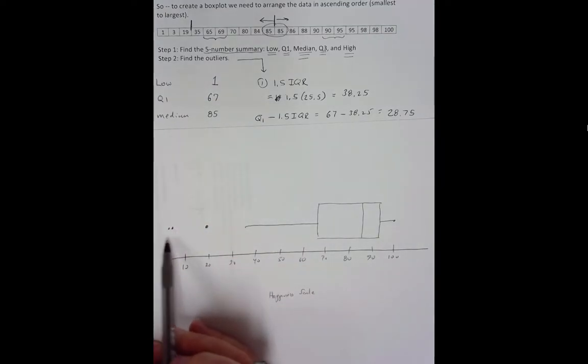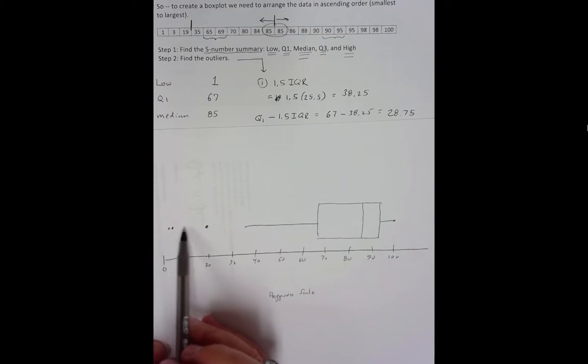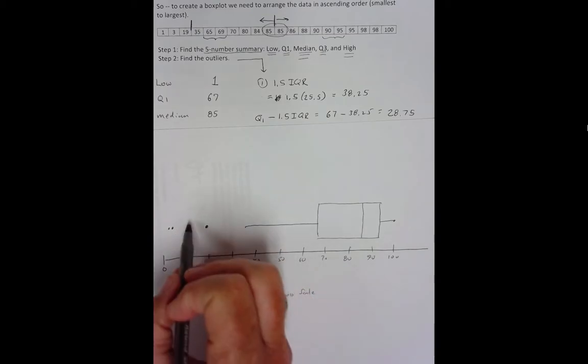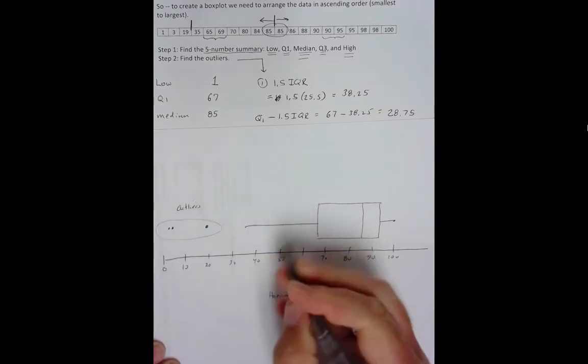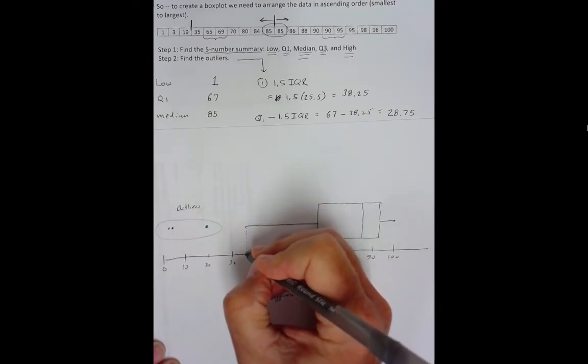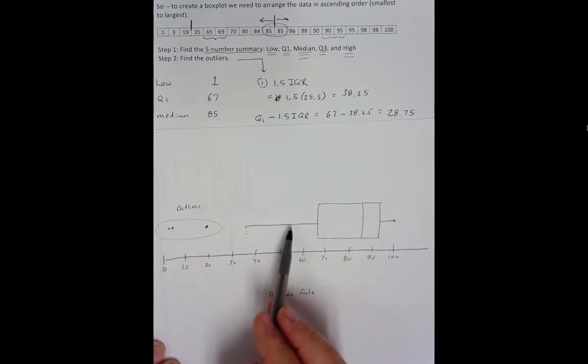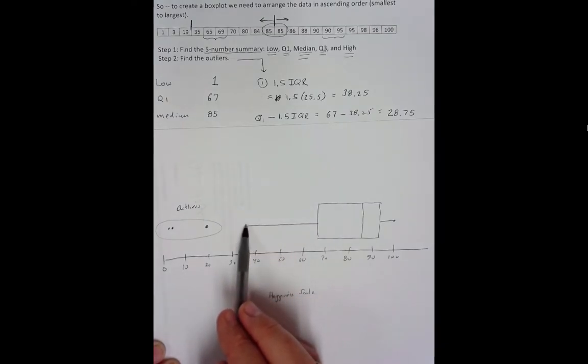So guys, when you see a box plot that has these isolated dots, these points, these things are outliers. This value, 35, is the lowest value in the data set, which is not yet an outlier. See, if this was an outlier, I'd have a dot there. But I don't.